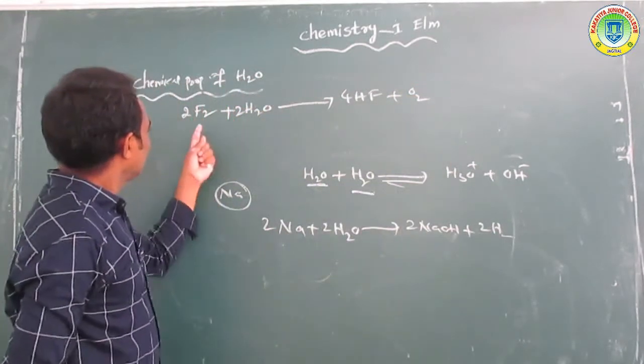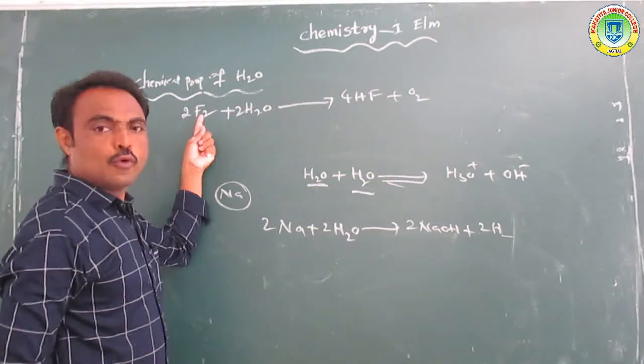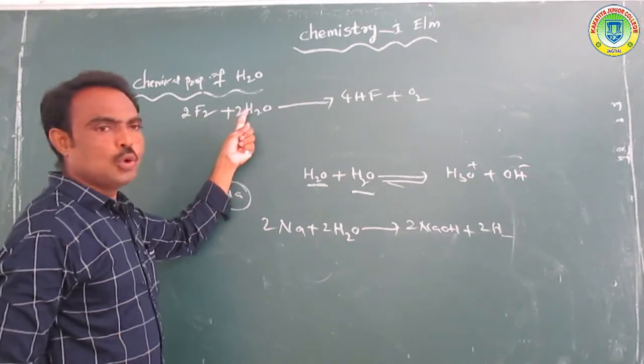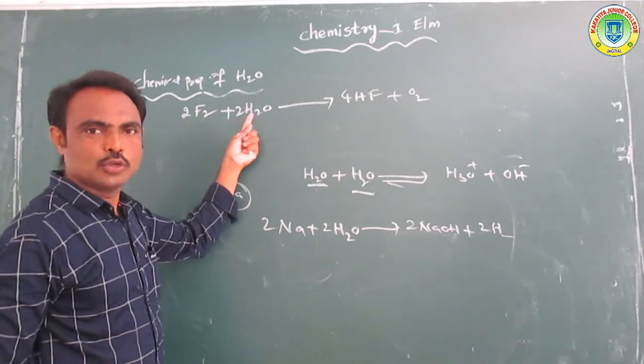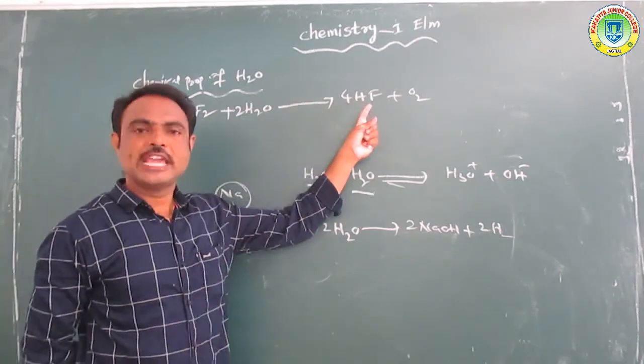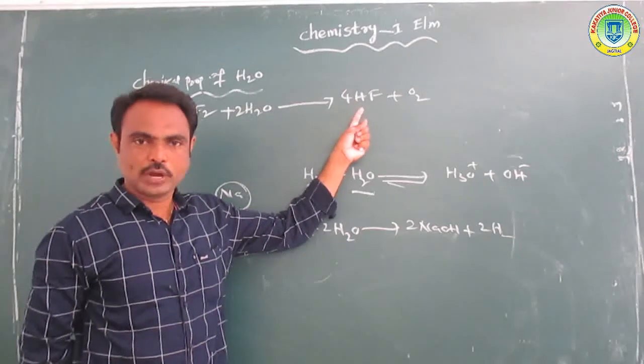Listen, 2F2 gives 4 fluorines, 2H2 gives 4 hydrogens, converted to 4HF, hydrogen fluoride.